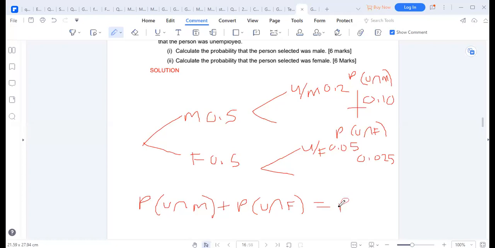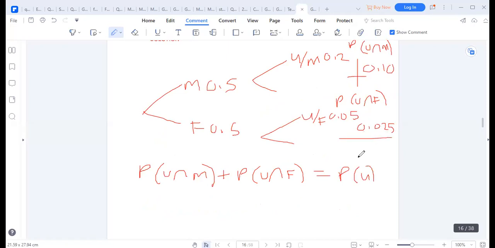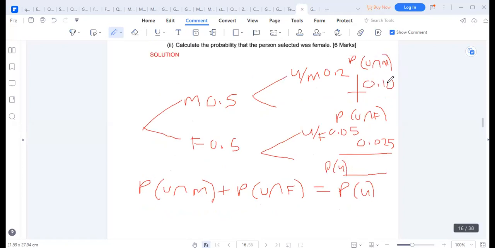It's letter U, and U stands for the unemployed. So when you add these two, 0.10 plus 0.025, what we're going to get is the probability of U. So 0.10 plus 0.025, we're going to get 0.125.